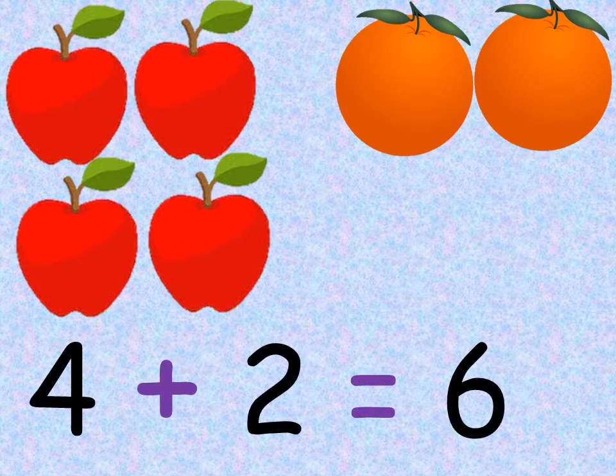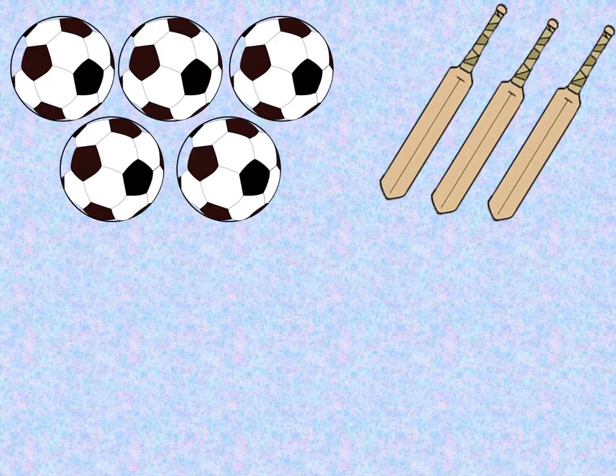So, when we put them all together, how many are there? 4 apples plus 2 oranges equal to 6. It means 4 plus 2 is equal to 6.